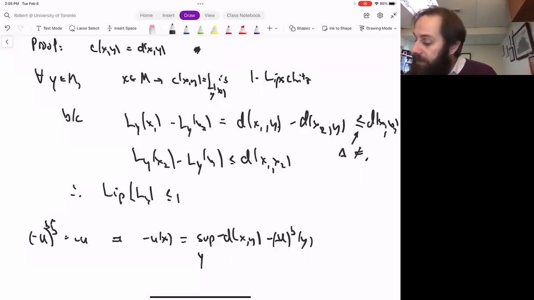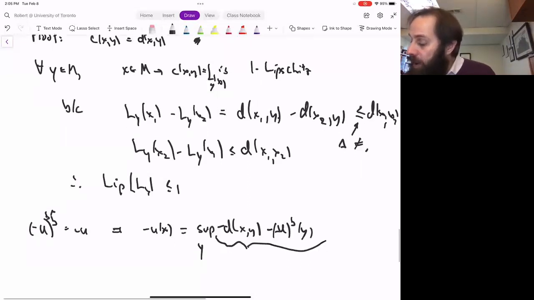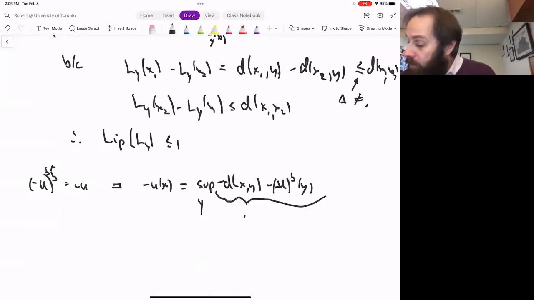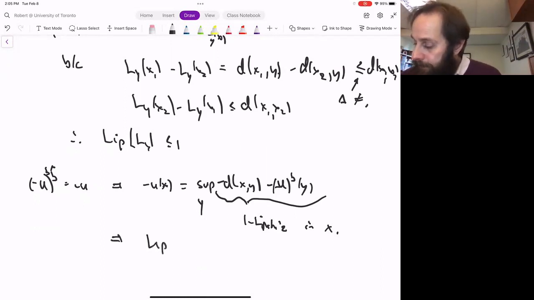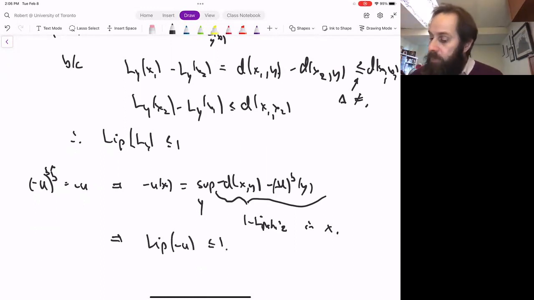And so the point is that for each Y, these are all 1 Lipschitz functions of X. And we saw a while ago that when you take a supremum of functions whose Lipschitz constant is 1, the supremum also has Lipschitz constant 1. So that's one direction. If I'm B convex, then my Lipschitz constant is less than or equal to 1.